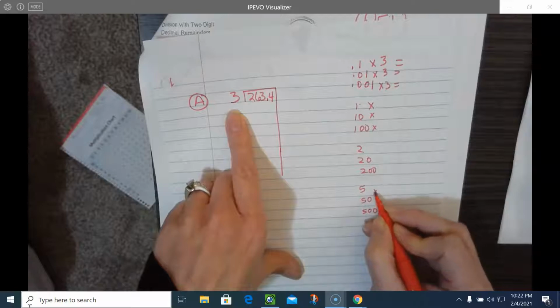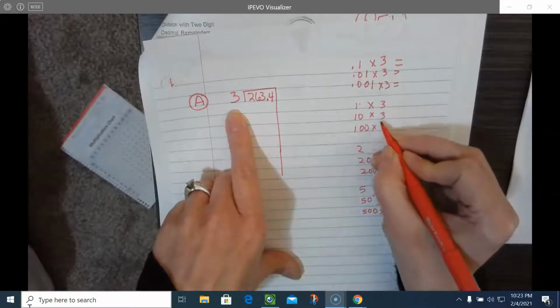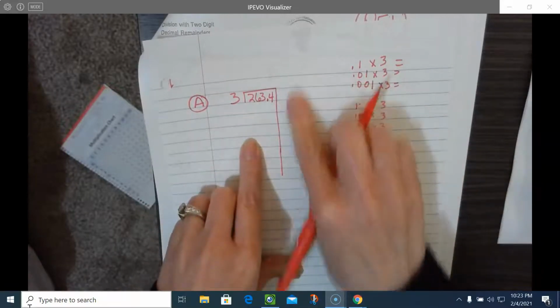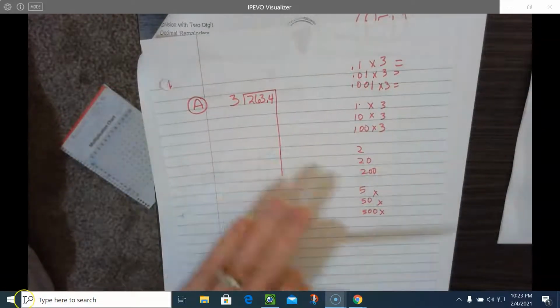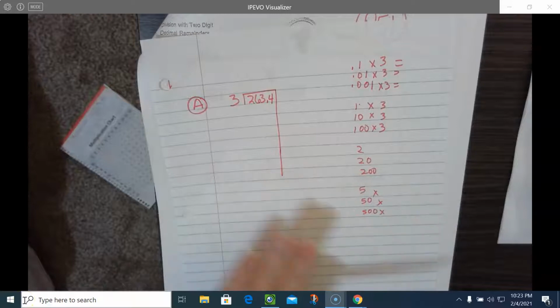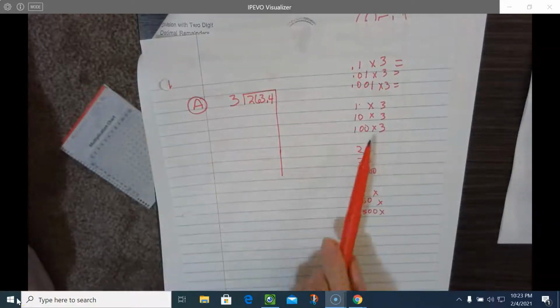So pause the video, and then you can get all of your ratio tables set up, and we'll finish doing this one together. Pause, and then actually, why don't you go ahead and try to solve this whole thing, and we'll check in just a minute. Ratio table is set up, and then pause, and then we'll go through this one in just a moment.